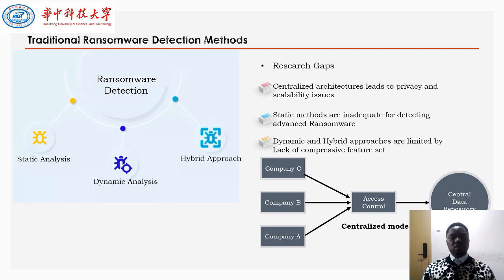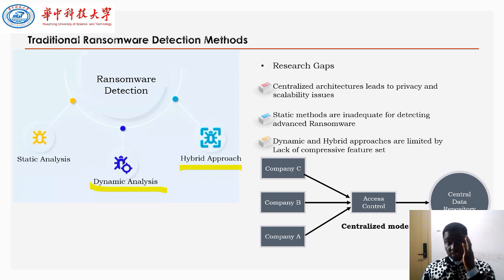So the dynamic analysis method is more advanced as it examines the signatures during execution. So also the hybrid approaches most times involve combining the static and dynamic, but also it involves combining two deep learning or neural network models. That's like, in this approach we are using CNN and LSTM.